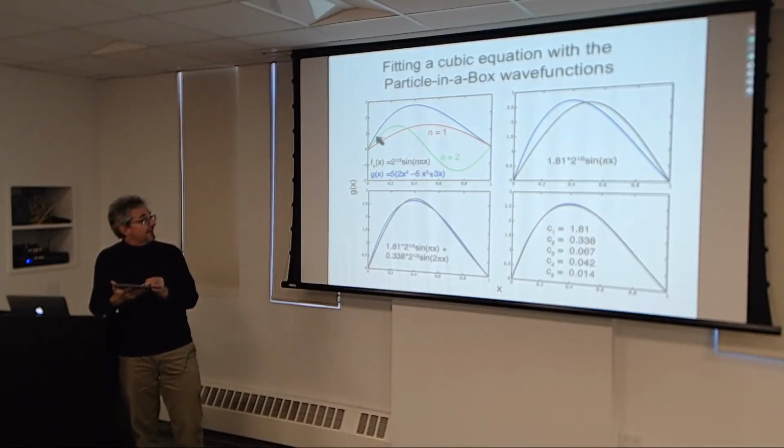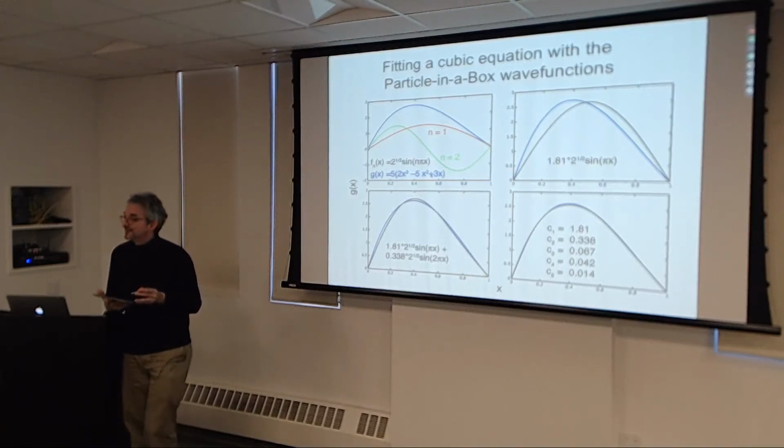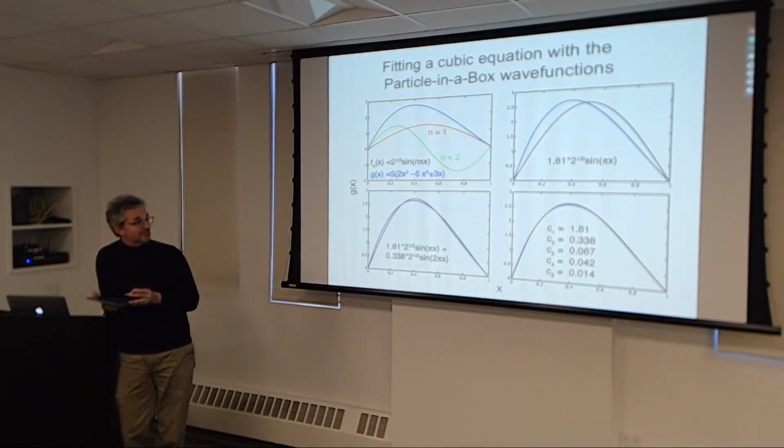When n equals 1, the function is the red line, just half of the sine function. When n equals 2, I have one cycle of a sine function. It's perhaps not obvious that I'm going to get anywhere. My function, the blue function, is positive everywhere, and I'm saying I can somehow add in that negative function and get someplace.